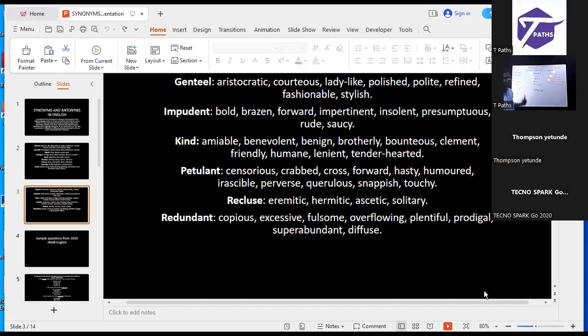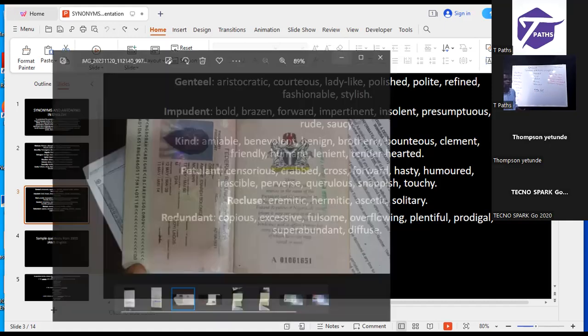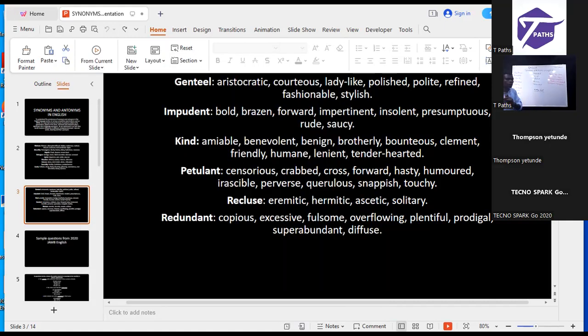Now look at the word kind. As simple as it is, this is one of the words you come across almost every day. Say someone is kind, a kind-hearted person. A fellow student has done something for you. Oh, that's kind of you. Mind you, this word kind will mean different things, as I said, in different settings. That's kind of you. What kind of book? What kind of place? What kind of people?